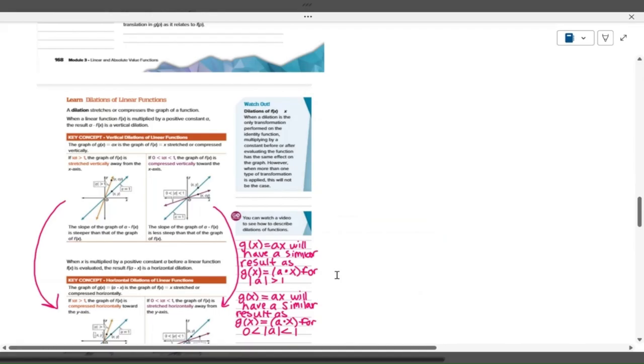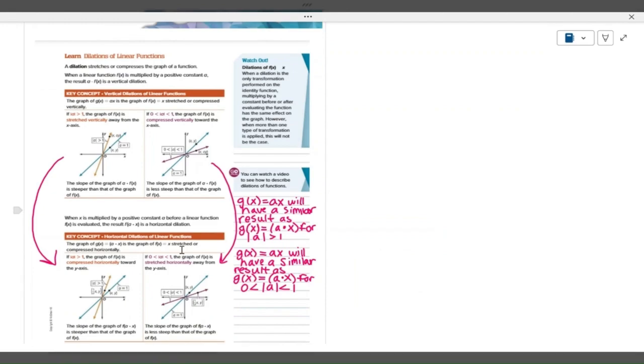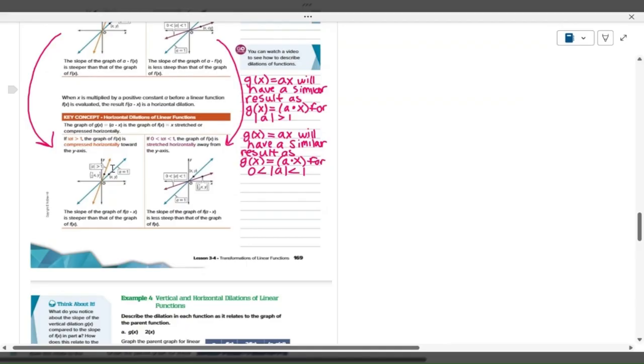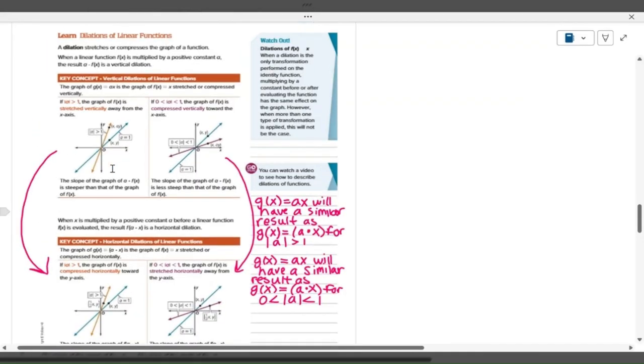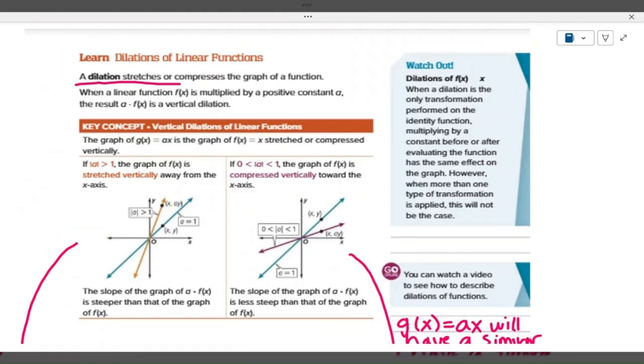I want to mention just a few things about the other types of transformations, and we will go through these more in detail, but take a look at the dilation page. This is on 169. Here we see dilations, which are a stretch or compress of a graph of a function. So you can underline that top part, the stretch or compress of the graph of a function.